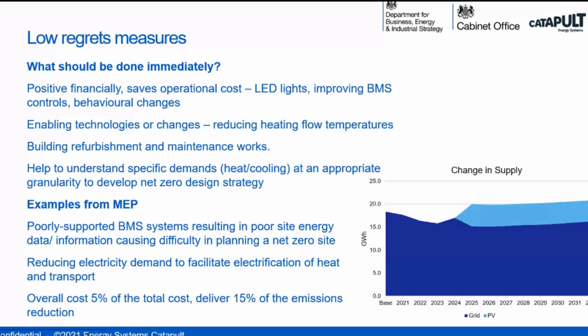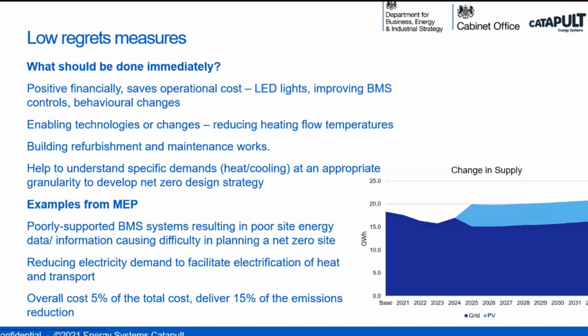So, for example, reducing heat flow temperatures is an example, because that is something that can then facilitate the later adoption of heat pumps, or other low carbon heating systems. Building refurbishment and maintenance works might fall into this category.